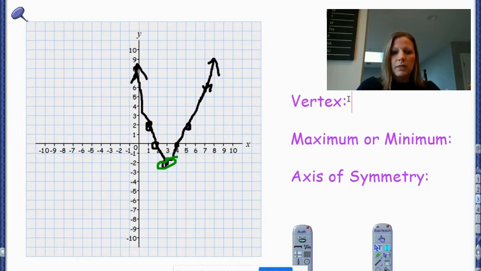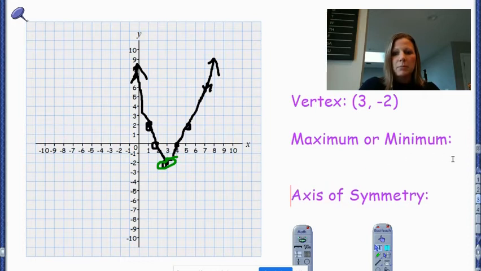So it's 3, -2. We got to remember our ordered pairs rules. On this parabola, is that a maximum or a minimum? Since my parabola is opening up, this is the lowest point of my parabola, so it would be a minimum. So let's highlight my minimum.